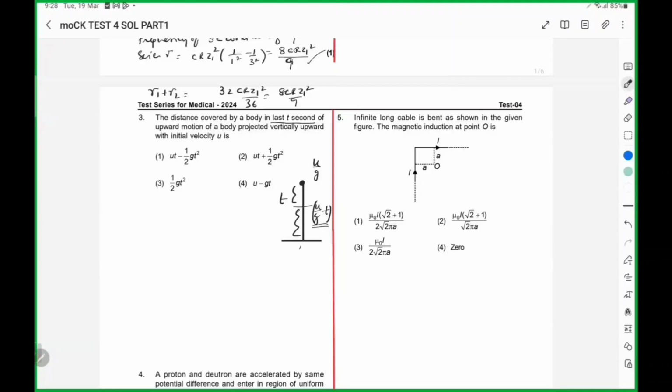So distance traveled in last t seconds is equal to distance traveled to maximum height, H maximum, minus distance traveled in u by g minus t seconds.